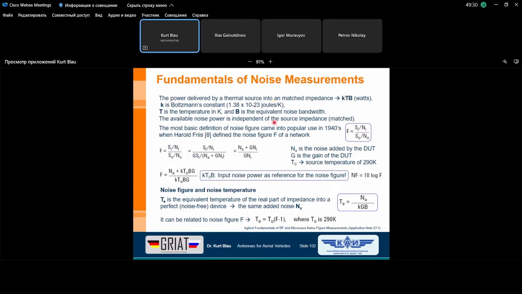I also tried to show you who has introduced a figure of merit for this noise behavior. We need a figure of merit to measure or determine what happens inside of our receiver, together with the antenna.